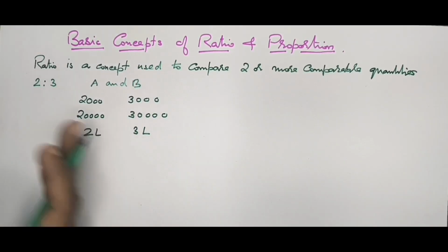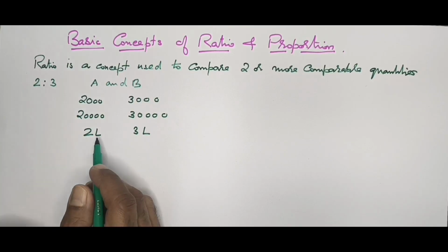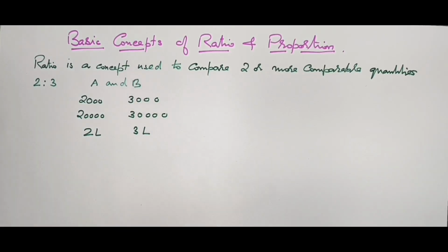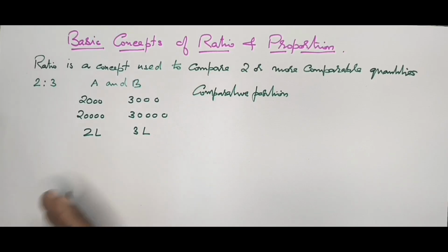It gives a relationship between the salaries of these two people, but we don't get the correct salaries of these two people. Ratio gives you a comparative position of two people with reference to their salaries or whatever, and it can be extended to even more than two people, but it does not give you a correct picture.